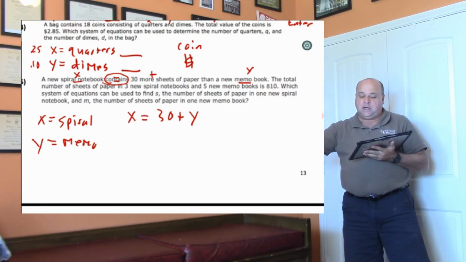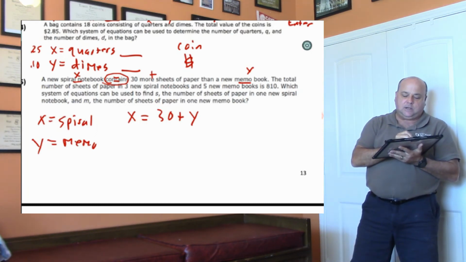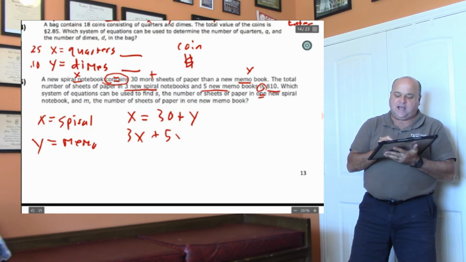More means the plus, so I'm going to do 30 plus y. The total number of sheets of paper in 3 new spiral and 5 new memo is equal to 810. So 3x plus 5y equals 810.